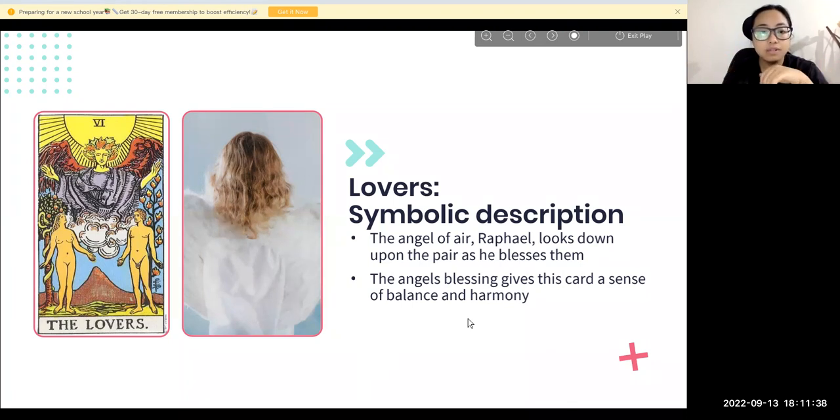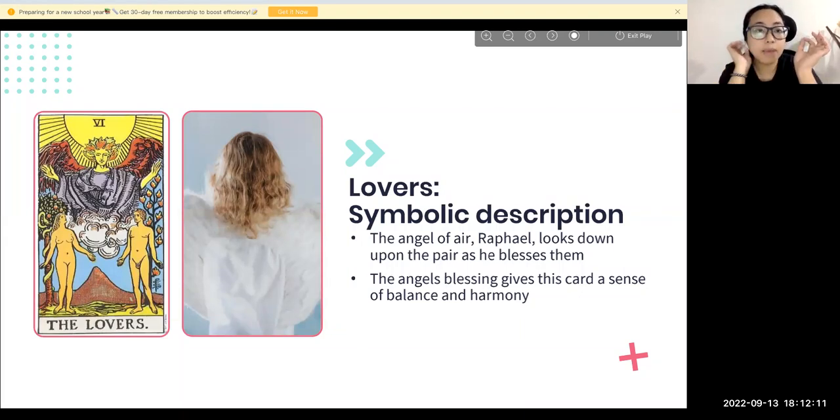So this is actually a very positive card, because angels are there in this card, and especially because you are receiving the blessing from angels. So definitely, whether it is your career, your relationship, your job, everything, in whatever way you are, the Lover's card is talking about balance and harmony.